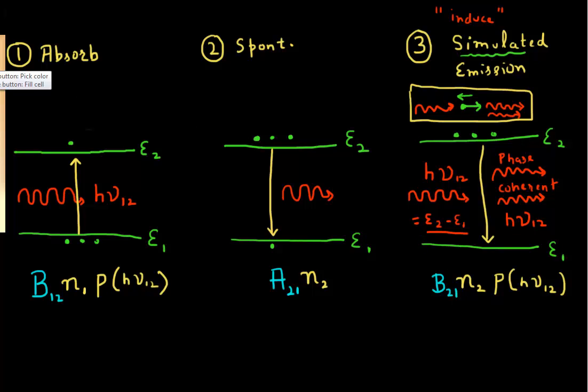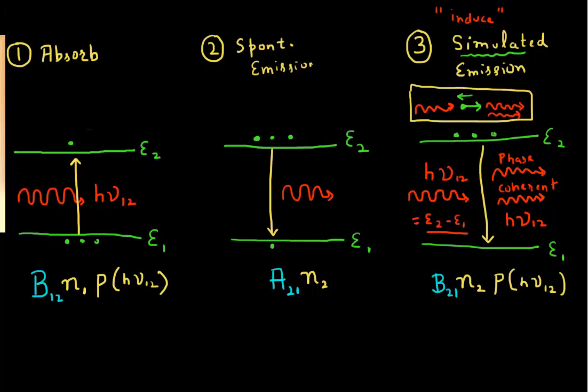And then he said this absorption process should be matched by the net emission process. So this rate of absorption should be equivalent to the total rate of emission, which involves both spontaneous emission, which happens on its own, and simulated emission, which is induced by the presence of these photons.